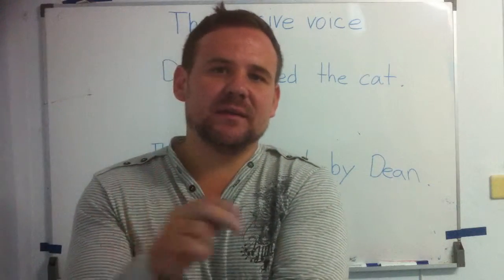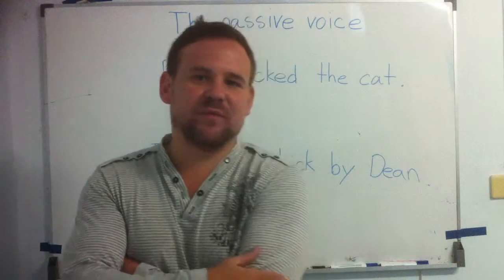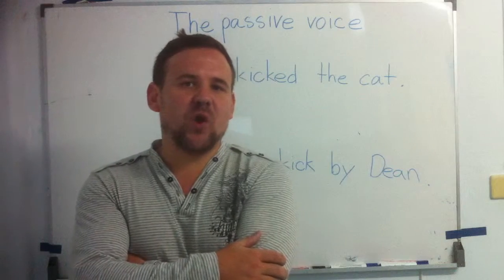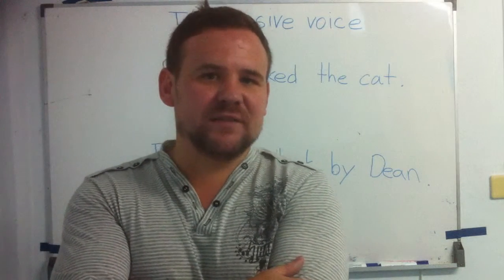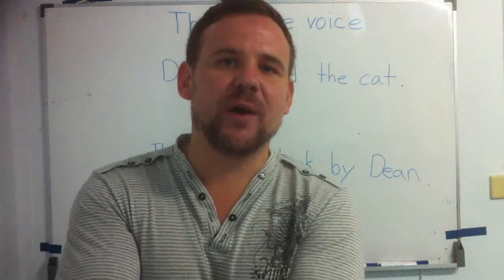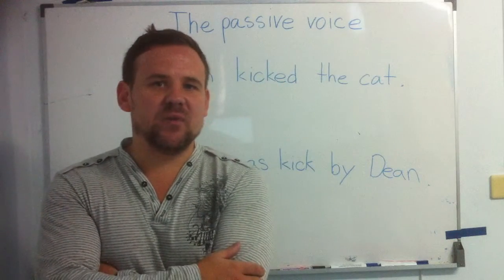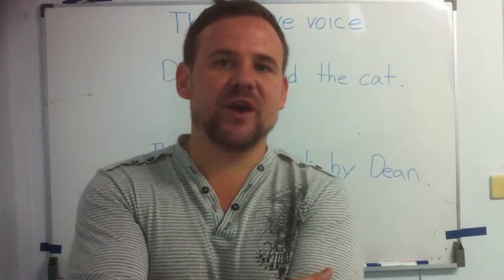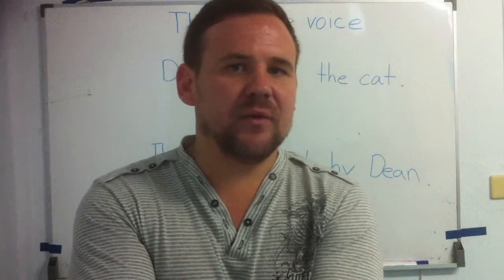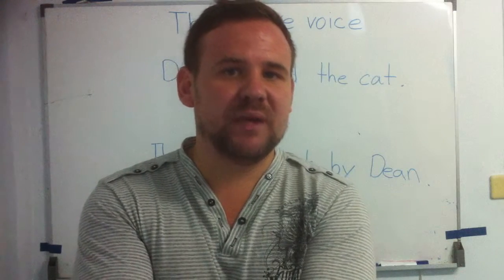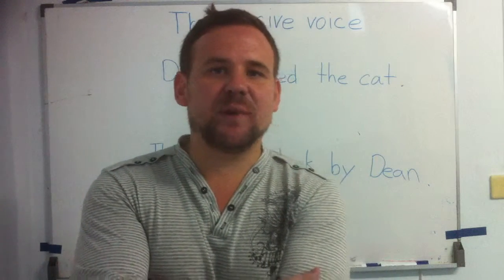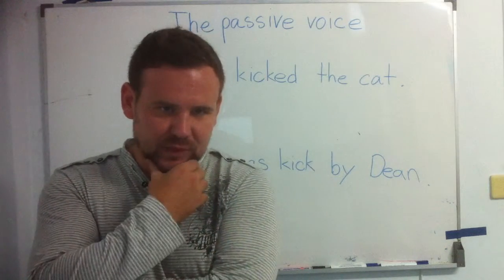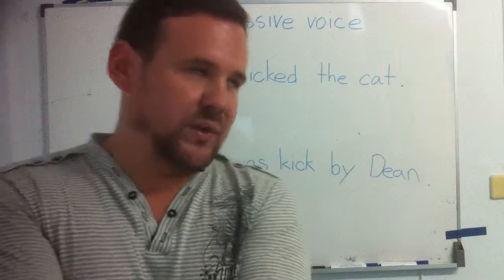The third thing that I want to mention at the beginning of the tutorial is we always form the passive voice with the verb be. Okay, we always form the passive voice with the verb be. Now, you should all know what the verb be is, and if you don't, please go back through my tutorials and look for the verb be tutorial. Okay, so let's carry on.